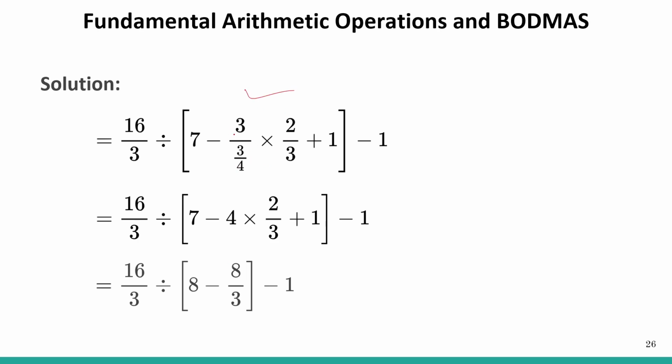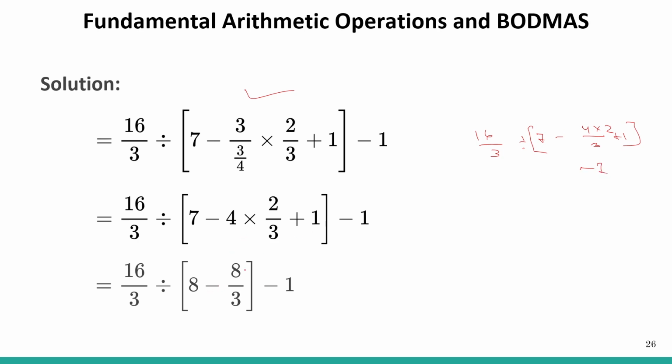Here you can see 4 into 3 by 3, that 3 gets cancelled out, and so this will be 16 by 3, divides 7 minus. So this will be 4 into 2 by 3 plus 1 minus 1.